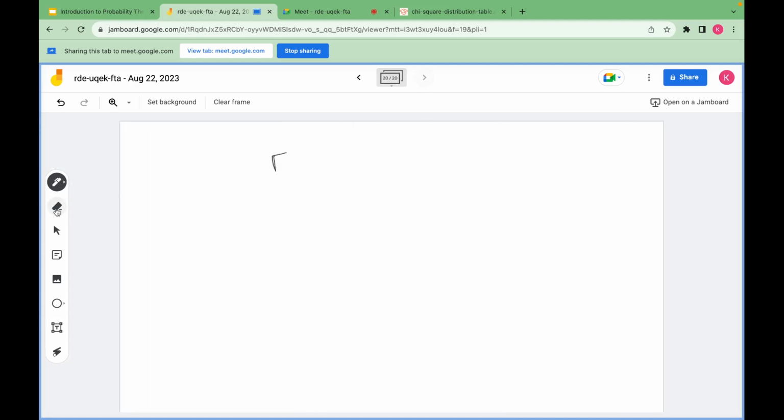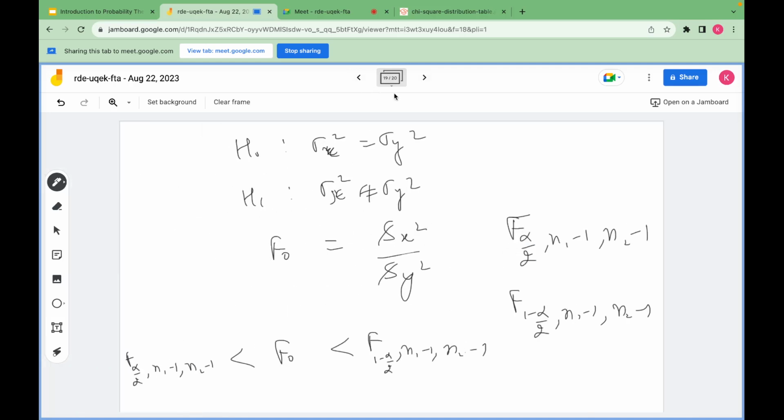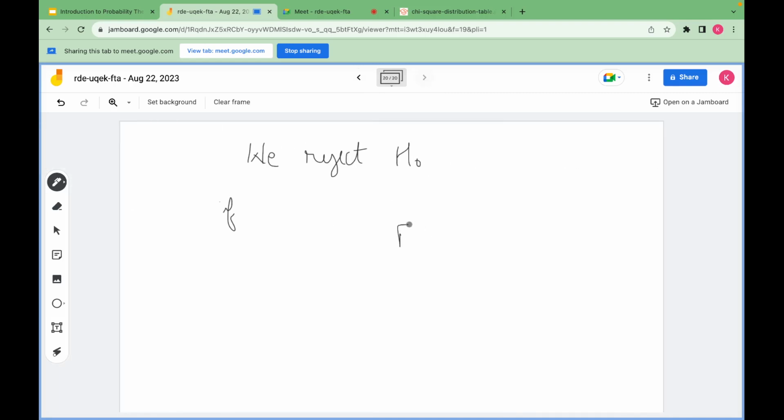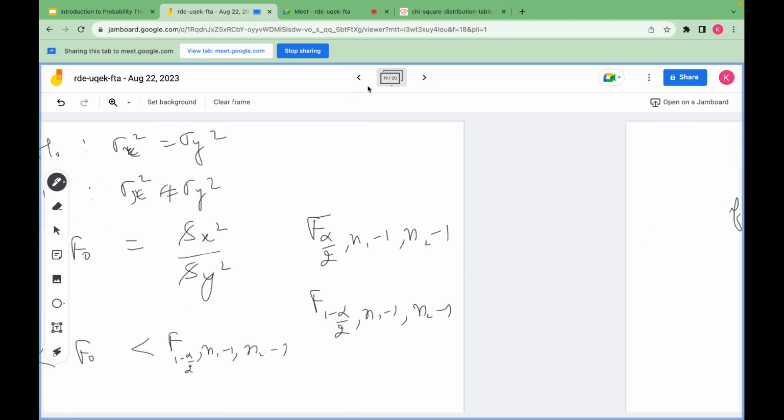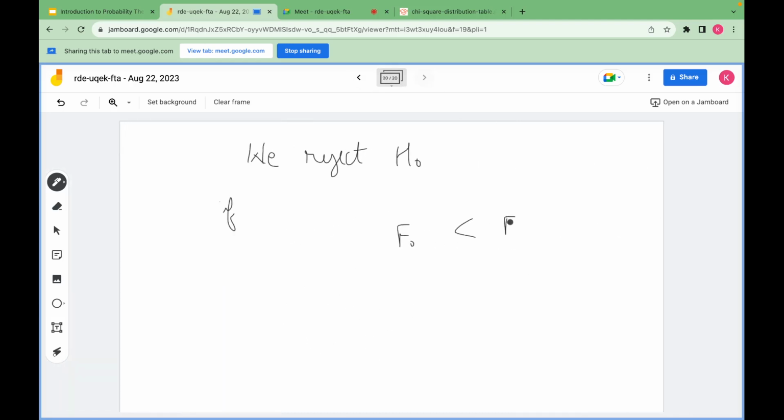We reject H naught if this F naught is outside F 1 minus alpha by 2, n1 minus 1, n2 minus 1 and F alpha by 2, n1 minus 1, n2 minus 1, where F naught is sx square by sy square.